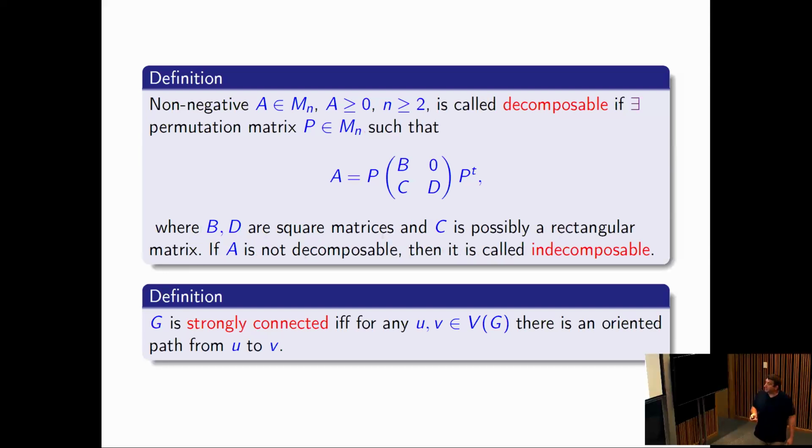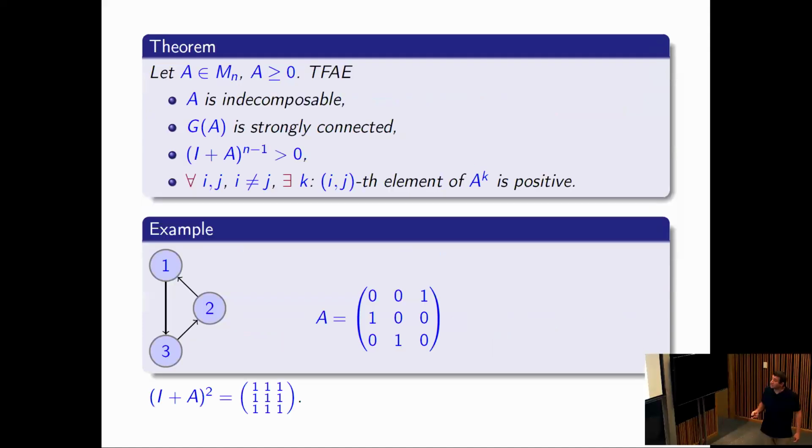A nice combinatorial class, but what will it be in graph theory? The interesting graph theory property is when your graph is strongly connected. So there is an oriented path between any two vertices. It turns out that these nice properties coincide.